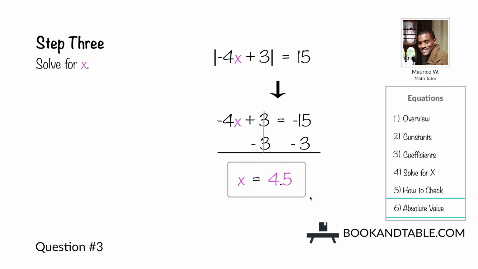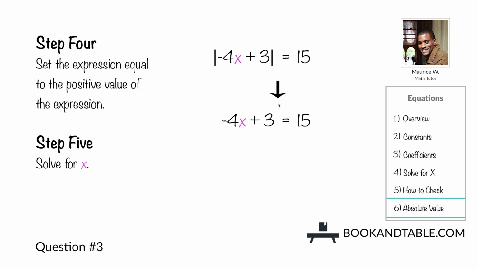Let's solve for x for our second value. So step 4, set the expression, -4x plus 3, equal to the positive value of the expression, which is the same number we're given, +15. And then step 5, solve for x. Remove the constant, +3, by subtracting 3 from both sides, leaving you with -4x on the left side, and 15 minus 3, which is 12 on the right side.